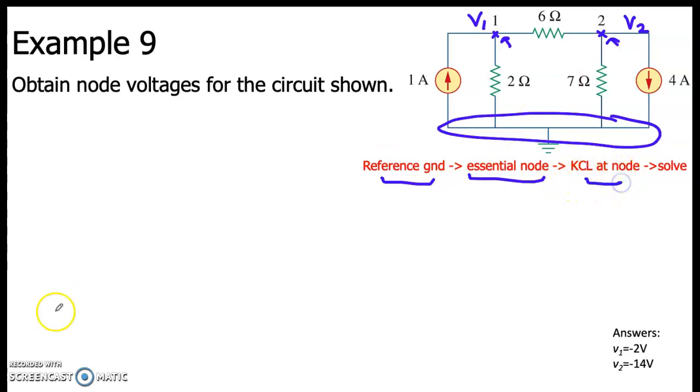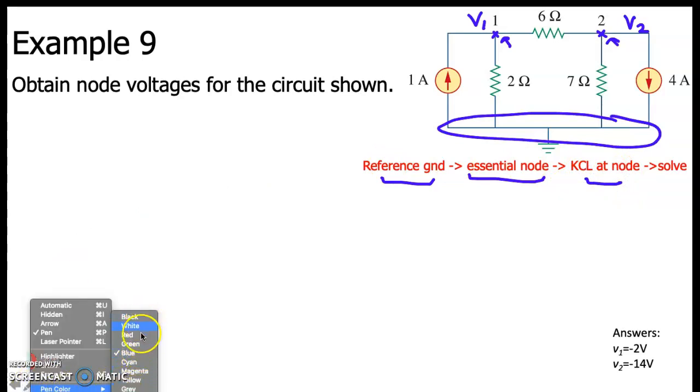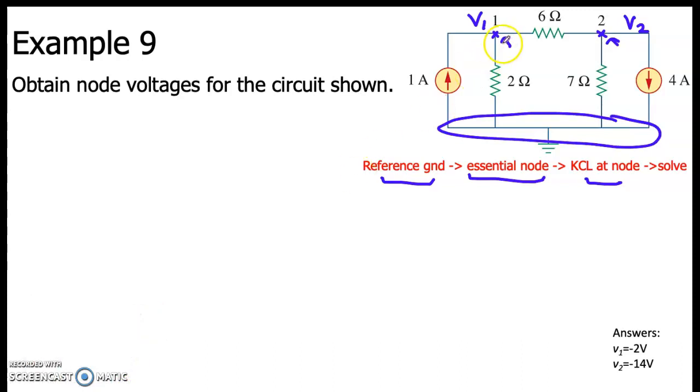Next, you need to apply KCL. So where is the KCL? Now, in nodal analysis, when you apply KCL, I always recommend you to make all the currents flowing out. So it means all the currents leaving are equal to 0. So I always make it like this.